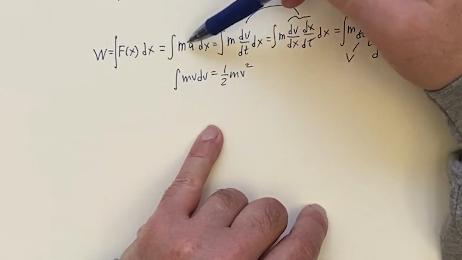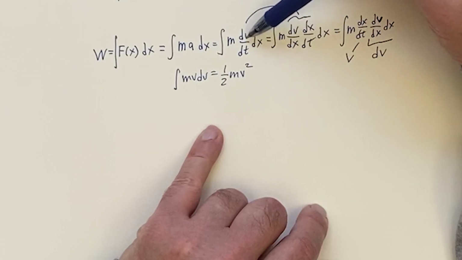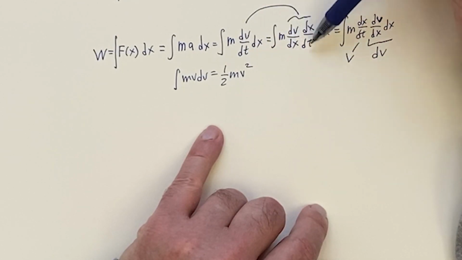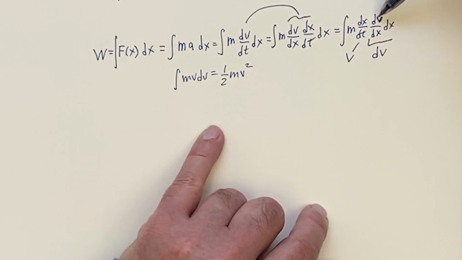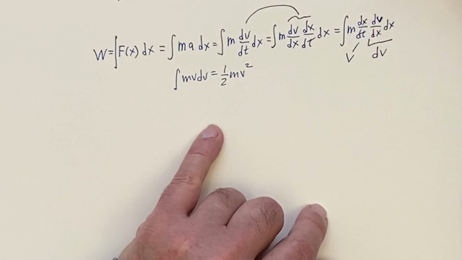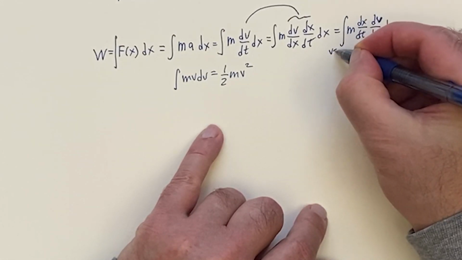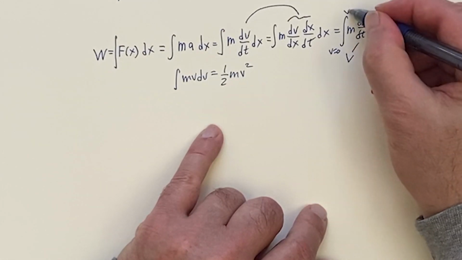F is equal to ma, and a is dv/dt, and then dv/dt is dv/dx times dx/dt, chain rule. Then we're going to move the dx/dt first, just swap the order, and then we notice that dv/dx times dx, another chain rule idea, can be replaced by dv. So then you have a change of variables. You would integrate here, say v from 0 to v, say I'm starting from rest.